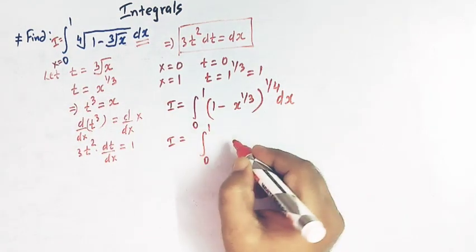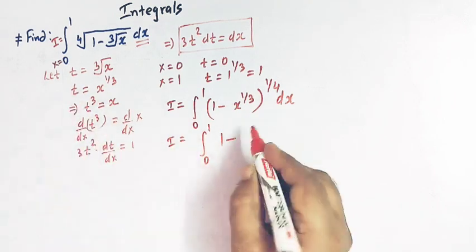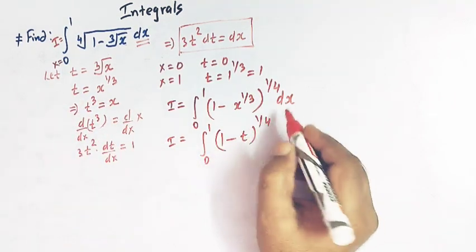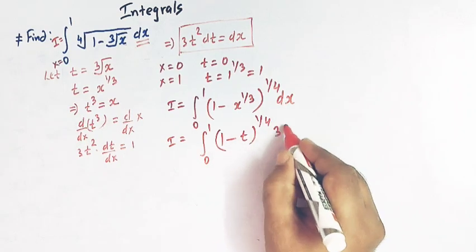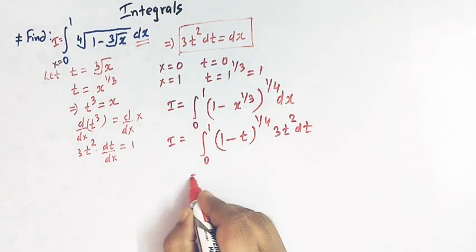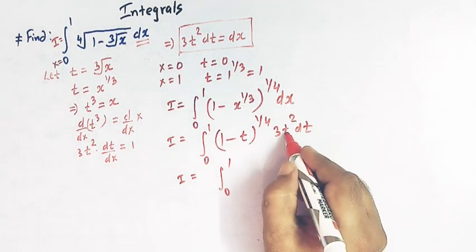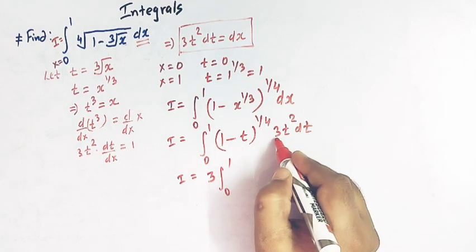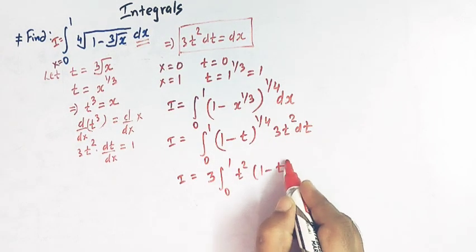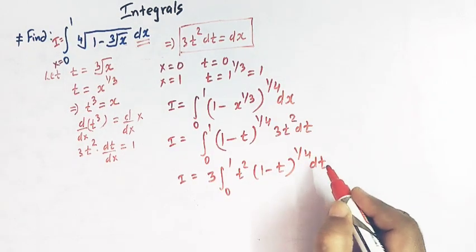So we have 0 to 1, 1 minus t raised to 1 over 4, where x raised to 1 over 3 is t, and for dx we have 3t square dt. Viewers, we can now write it as 0 to 1, taking 3 outside the integral, t square times 1 minus t raised to 1 over 4 dt.